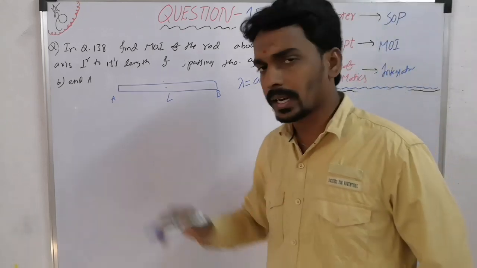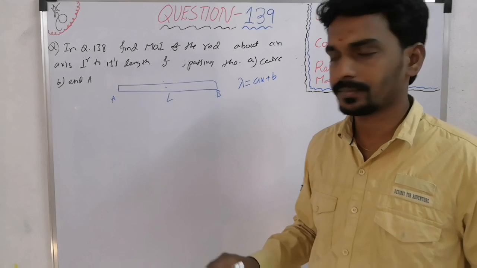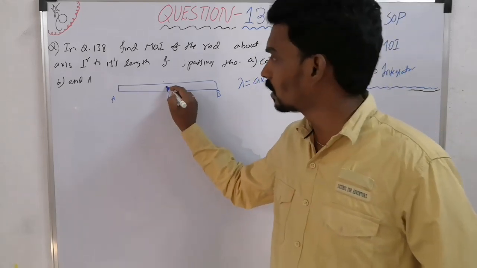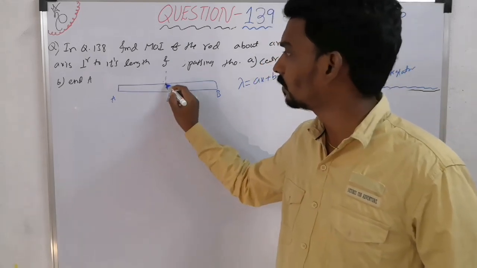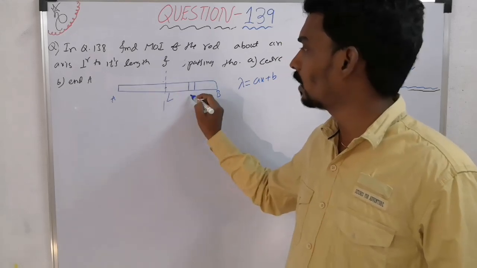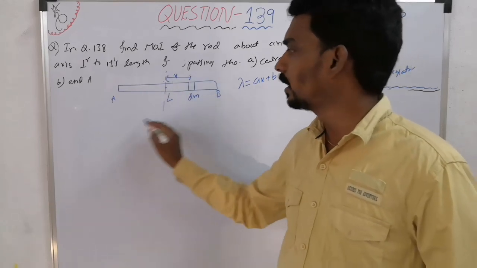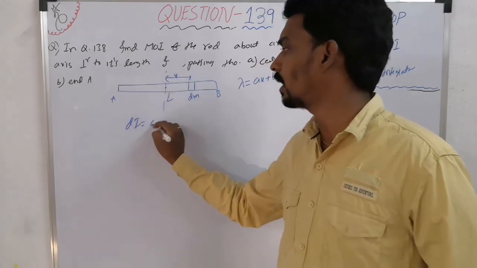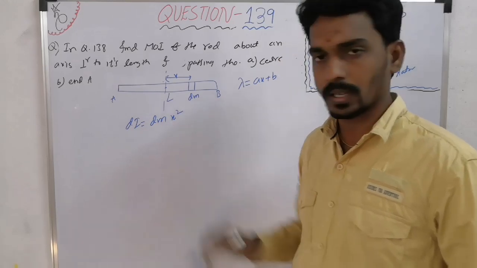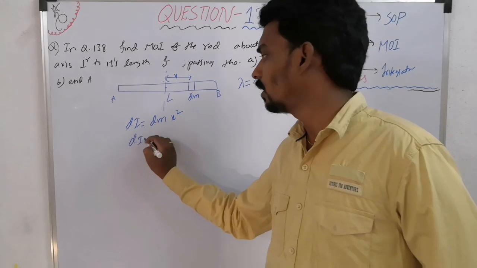Now how to find the moment of inertia? Again same thing. Consider one small element. Suppose this is the center. Now you consider one small element of mass dm at a distance x. Then what is the small moment of inertia? dm x square, because m r square, where dm is what?